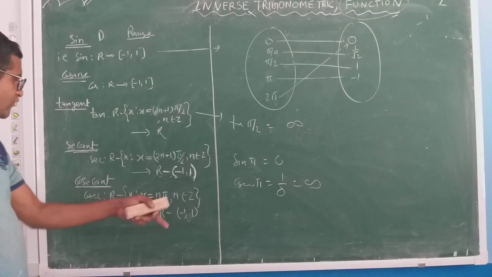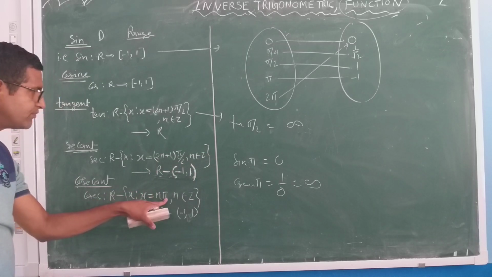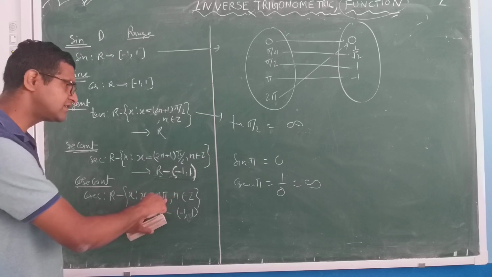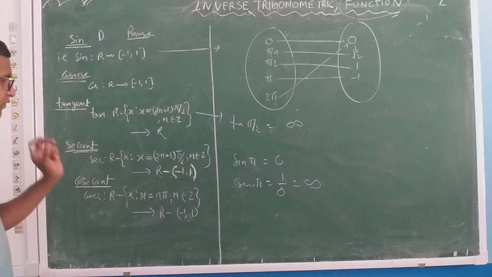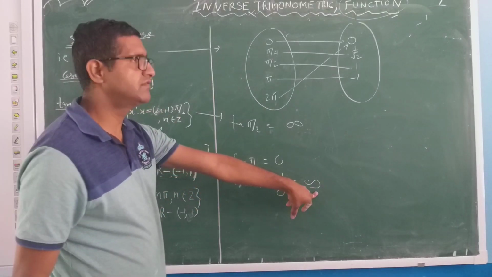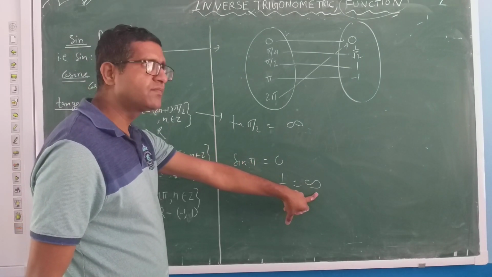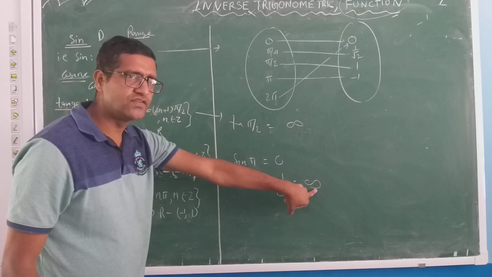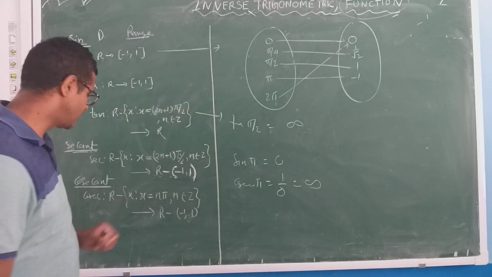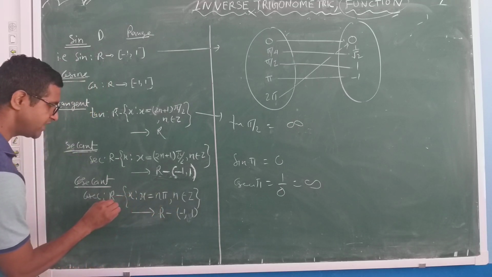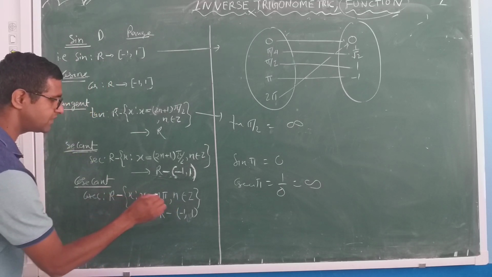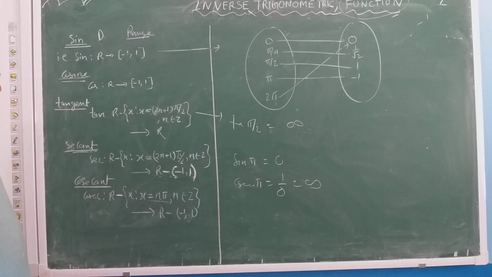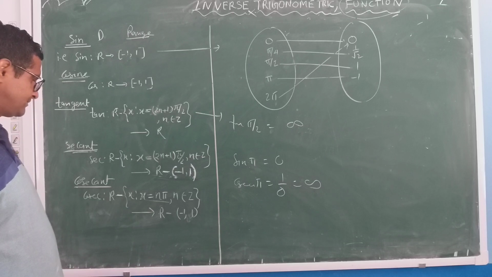You are getting an infinite value for π, 2π, 3π, 4π, 5π, 6π, up to nπ, in its codomain. It means it is not in the range. Range means finite value. Therefore the domain will be all real numbers minus x equal to nπ, excluding these.